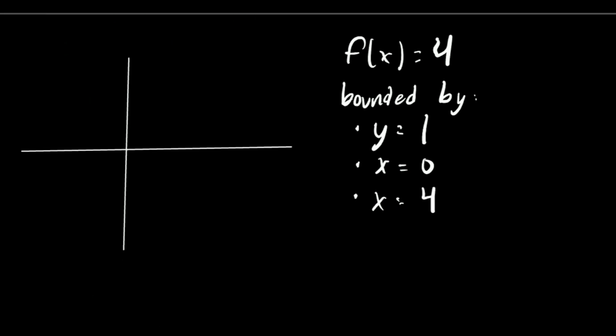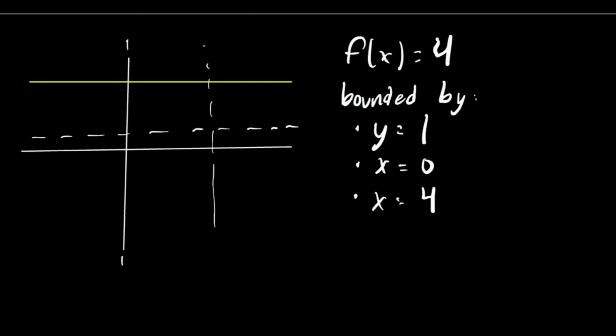So let's draw this out. We have f of x equals 4, which is just a straight line. Nice and simple. Bounded by y equals 1. Okay, so that's a line right there. We've got x equals 0, which is just the y-axis, and x equals 4, so right about there.